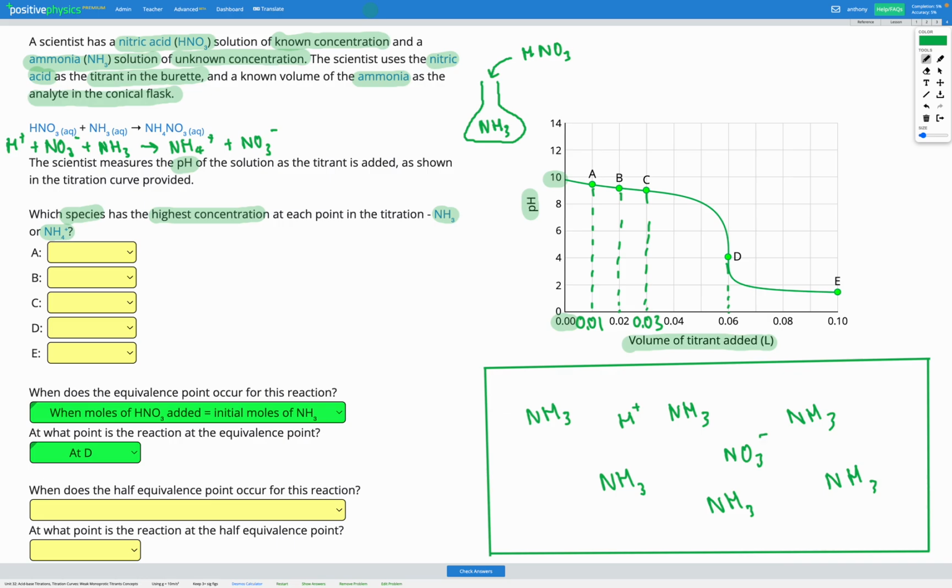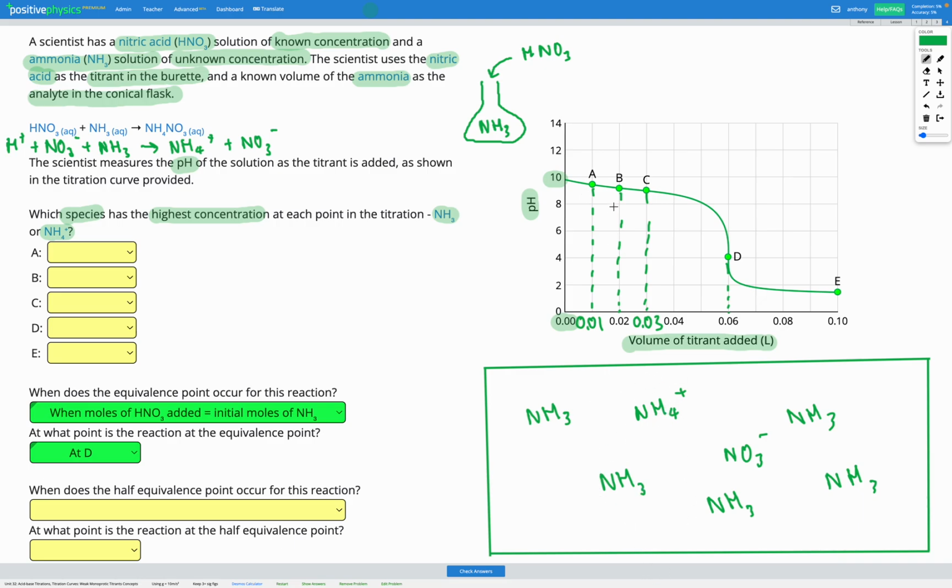Now, according to our ionic equation up here, the H+ and the NH3 will react together to give NH4+. So for example, this H+ and this NH3 will react together to give NH4+. So as we're starting to add our titrant at point A, we're getting some of our NH3 converted into NH4+.